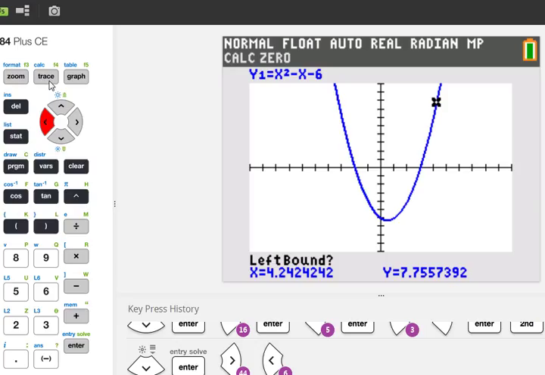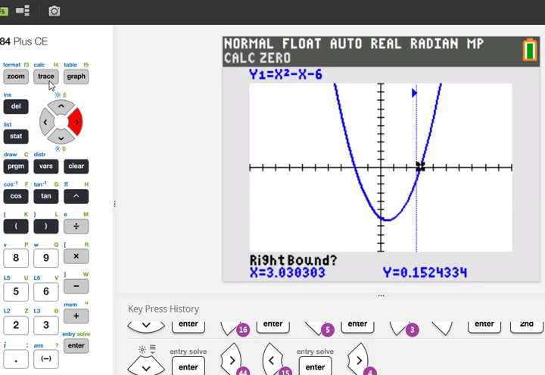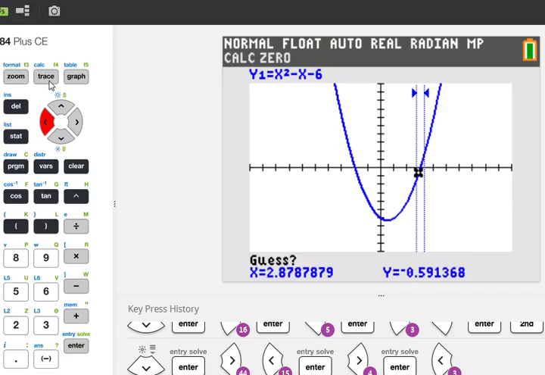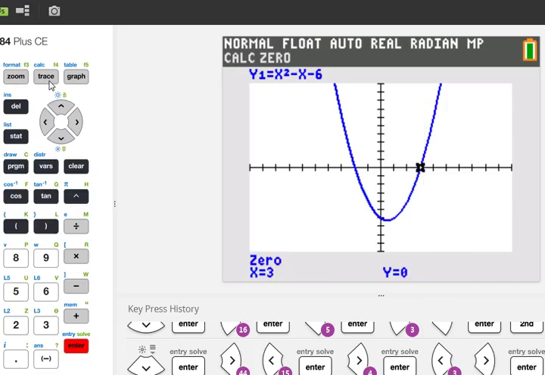Once I do that, I have to use my left key to go to the left of that 0. So there's my 0, use the left key to go to the left bound, use the right key to go to the right bound, and then try to get as close to the 0 as possible, and then the 0 is 3. Again, 3 is the 0, but the factor that represents that 0 is x minus 3.